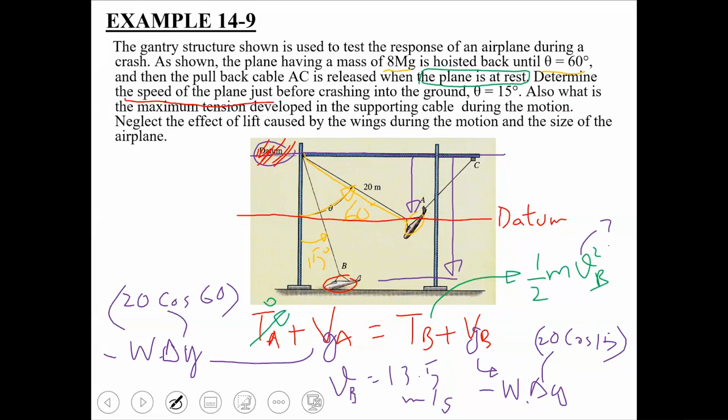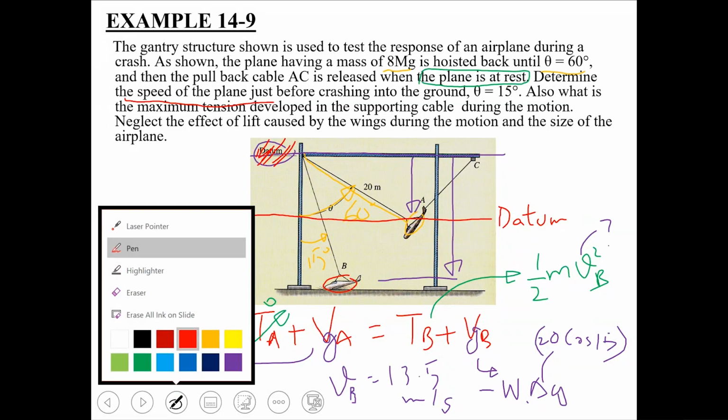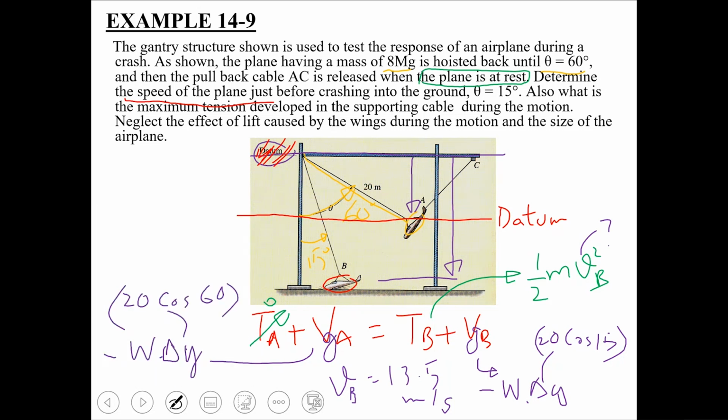Now if we have defined the datum at position A, what should be VGA? 0. In that case, the gravitational potential at position A would be equal to 0 because you have defined the datum at position A. So VGA is 0.